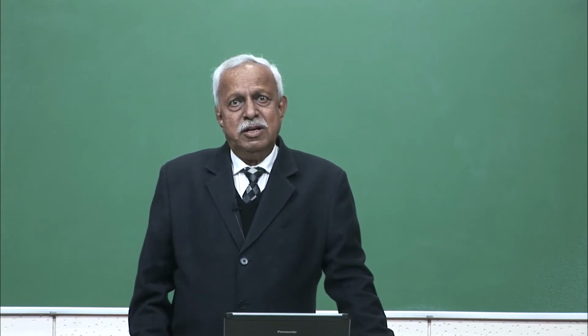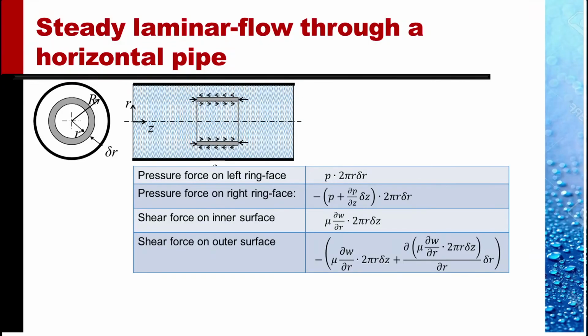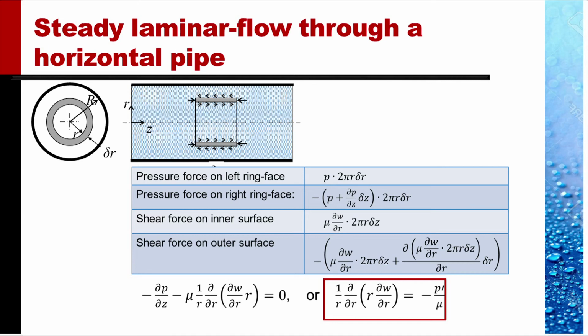Now, notice that R also varies. So, we make a Taylor's expansion in which we take this whole expression. Here delta W by delta R is changing as well as R is changing. W represents the velocity in the Z direction.